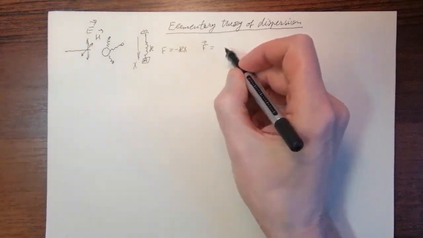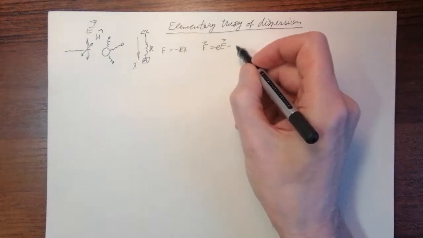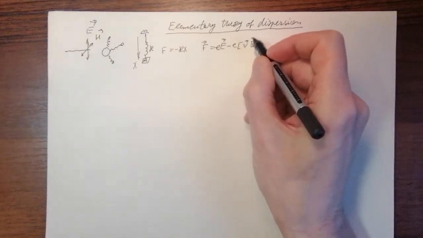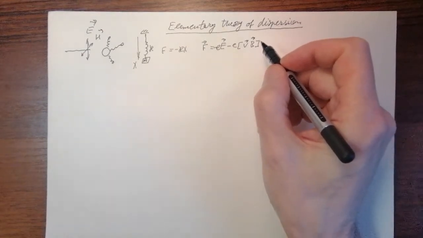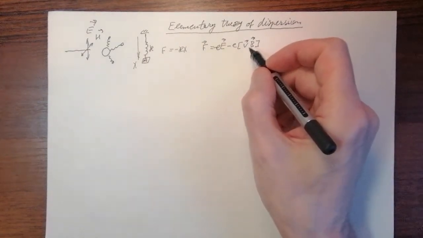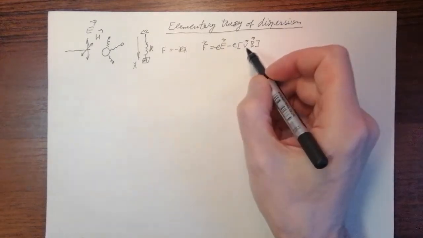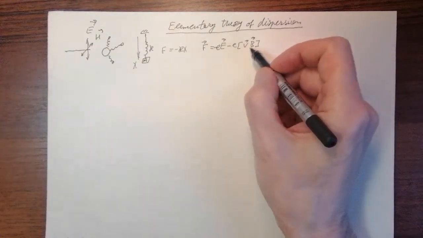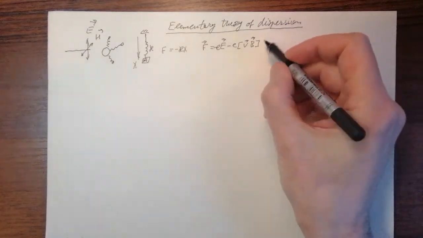We know it from electricity, and it is minus eE and minus e v B. It can be shown that v will be small enough in this case, and as far as v is small, we can disregard this term and consider only this part of the force.